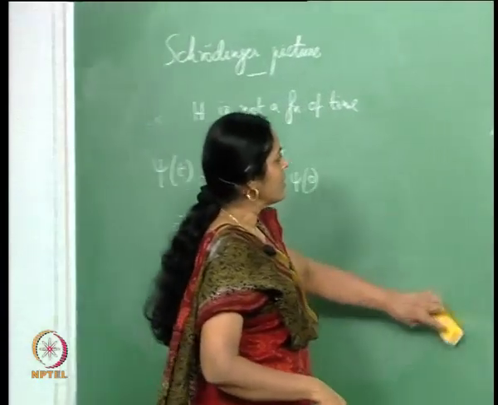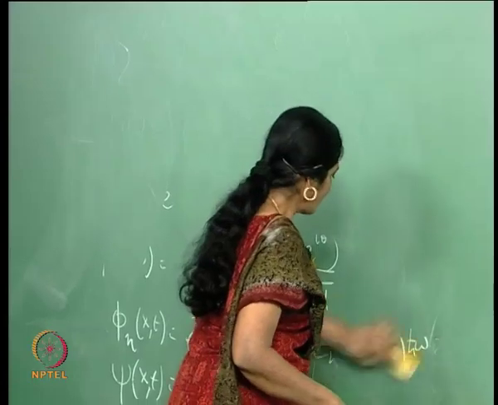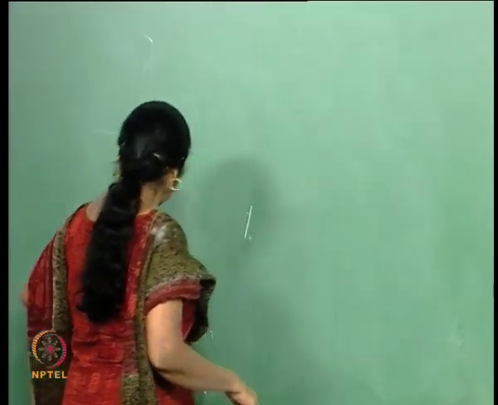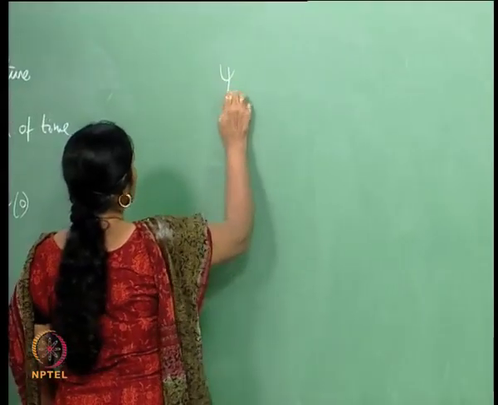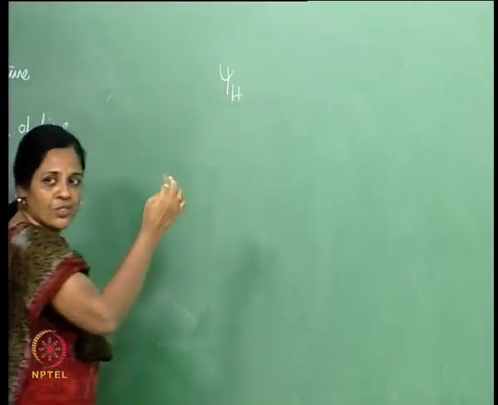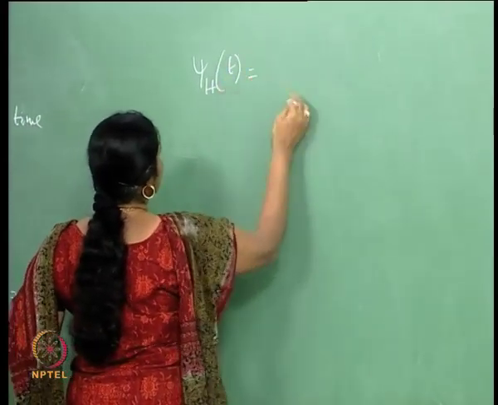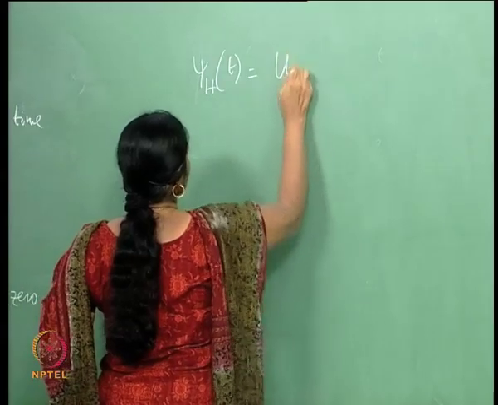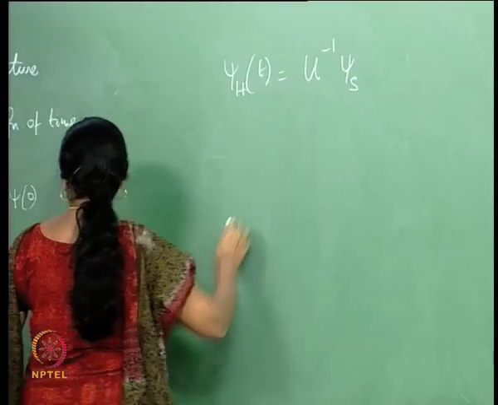Now, having said that, suppose I consider an alternative picture where I do the following. I say that in the Heisenberg picture, which is the other picture that I will consider, psi H at any instant of time is U inverse psi Schrodinger, which is what I was considering here.